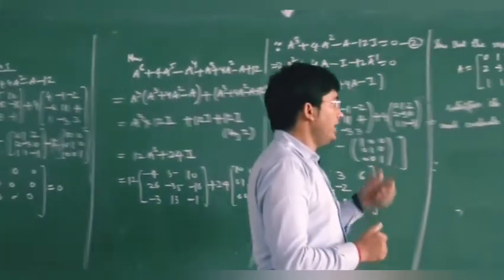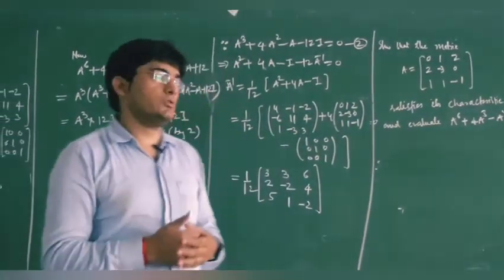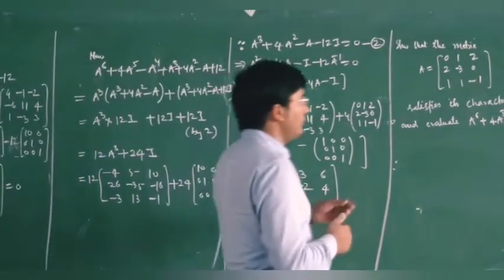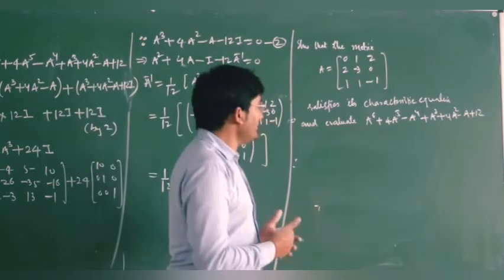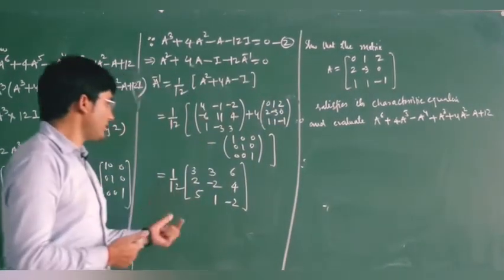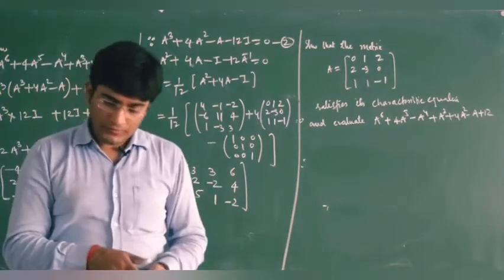So here, with the help of the Cayley-Hamilton theorem, we have found the value of such a complex matrix expression, and again we have evaluated the inverse of the matrix with the help of the Cayley-Hamilton theorem.